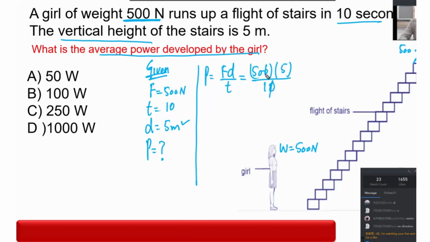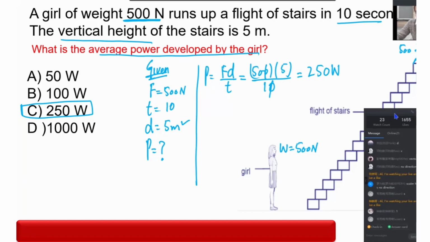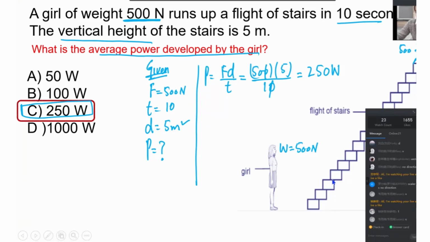So simply you can cancel and multiply and you will get your final answer. So the final answer in this case will be 250 watts. So the answer for this question is C. So very straightforward one based on the same concept. So any question about this one? Can we move on to next if this is clear to you? Here is the answer. So the answer for this question is C.